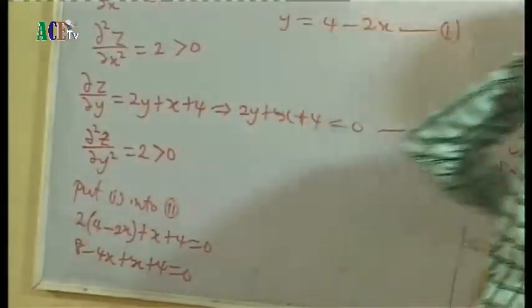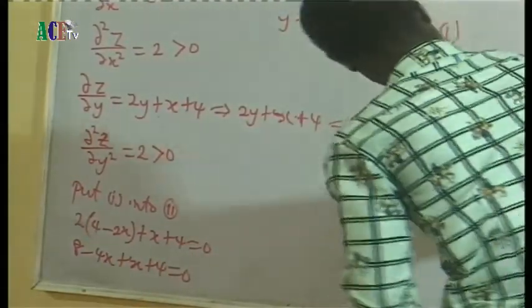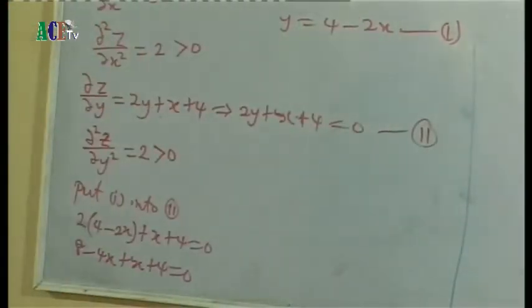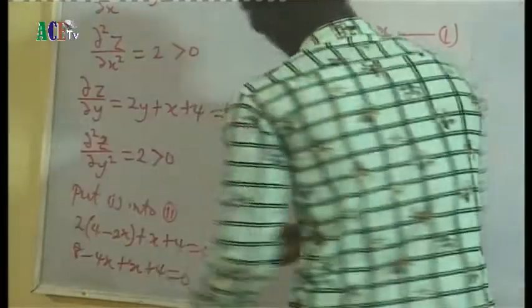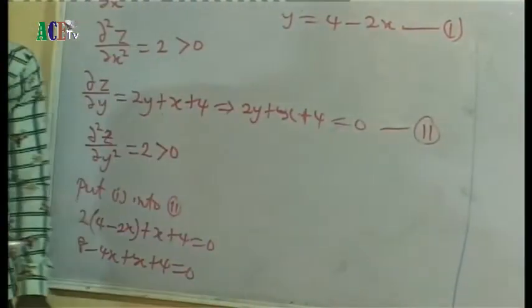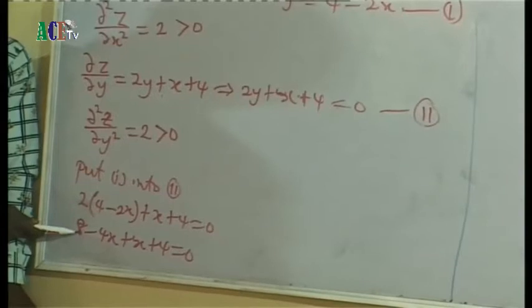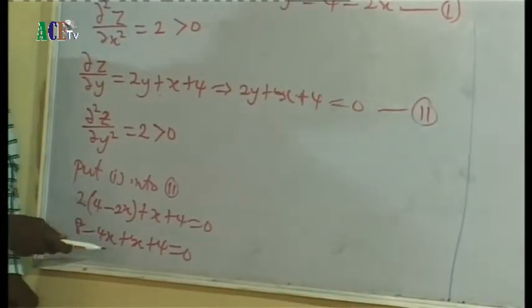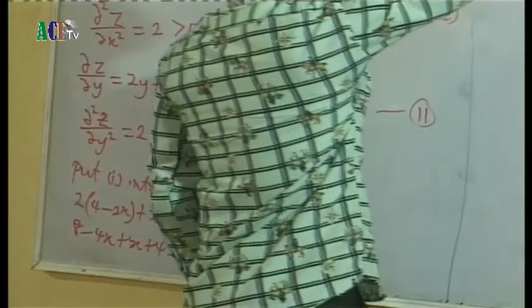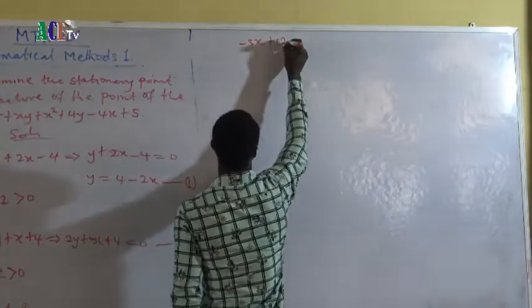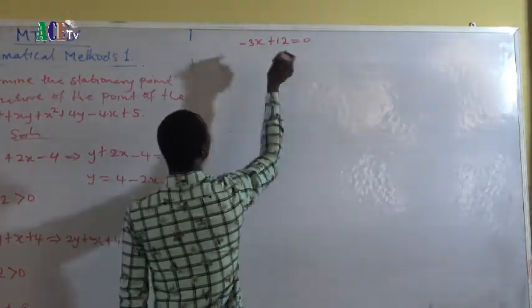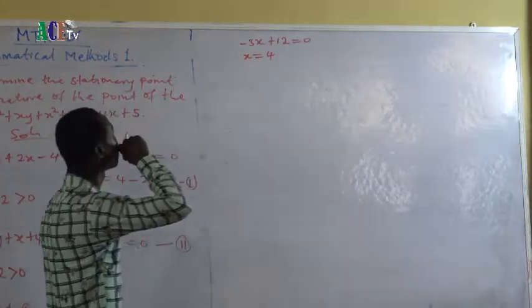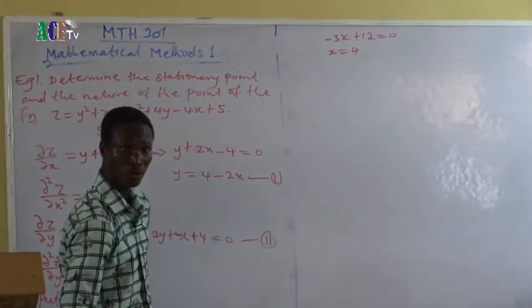Combining, 8 plus 4 minus 4x plus x, I will now get minus 3x plus 12 is equal to 0. I will now have x is equal to 12 over 3, which is 4.